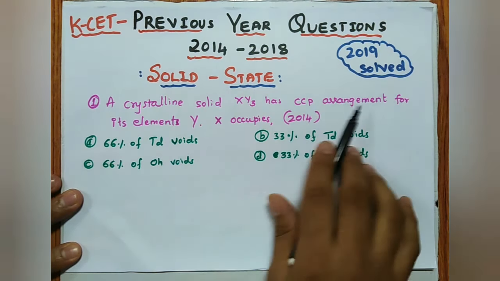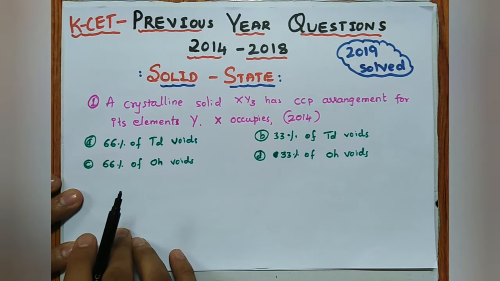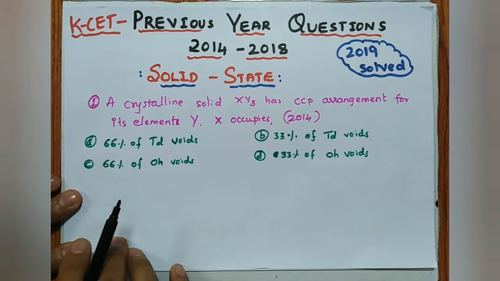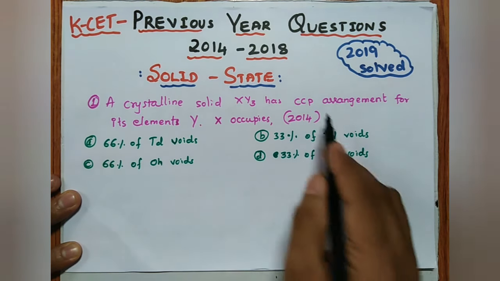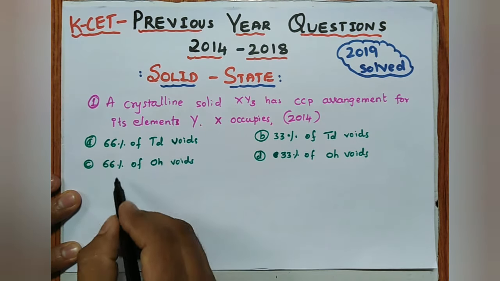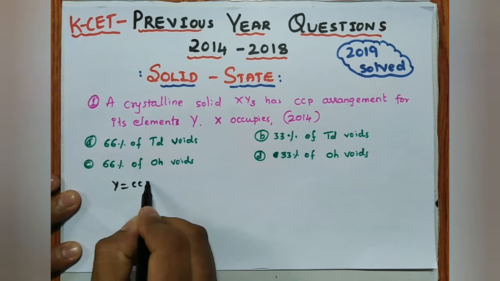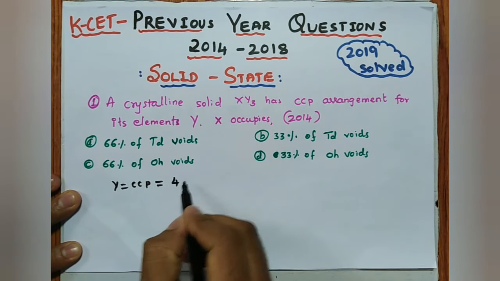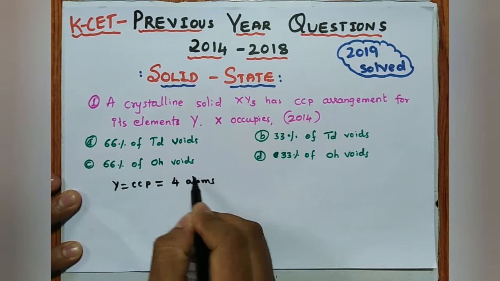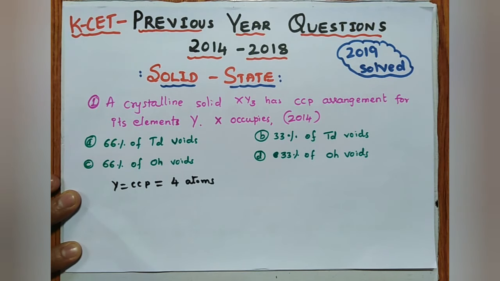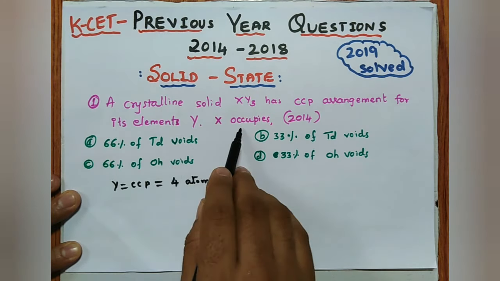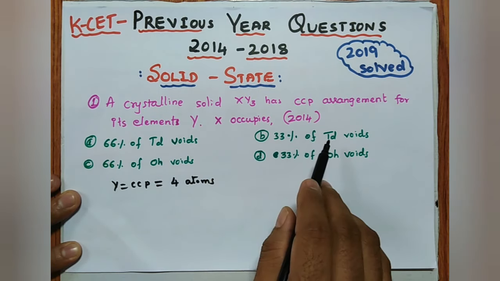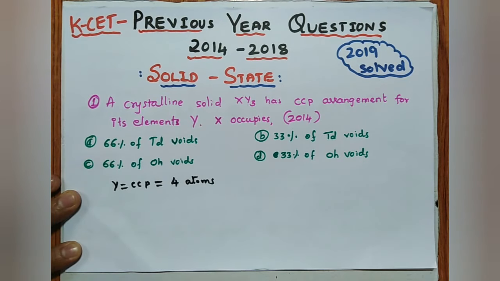See, XY3 has CCP arrangement, they are telling. In this particular case, Y is equal to CCP. Hence I can say 4 atoms of Y are present. Then you have to calculate X. When Y is present in the corners and faces, X should occupy tetrahedral or octahedral voids, only two options.